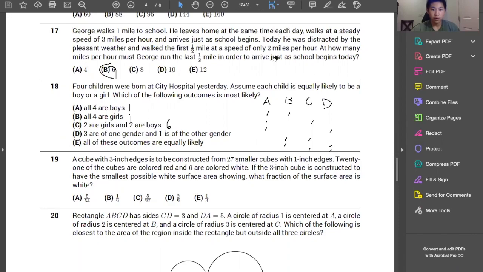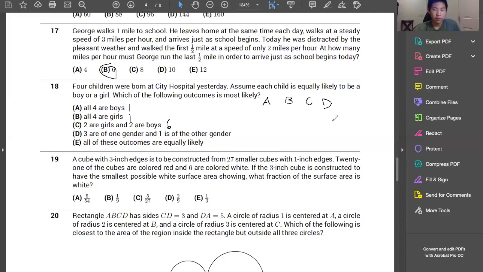Okay, so now we need to find the ones where 3 of them are of one gender and the last one is the other. This is actually a little bit easier to consider. If we have just one boy, then there are 4 possibilities. Any of the 4 could be a boy. And if one of them is a girl, then it's the same.